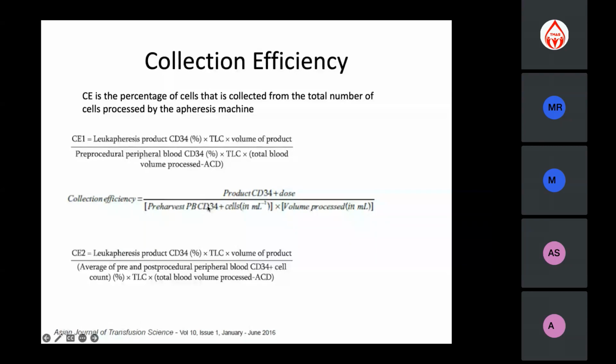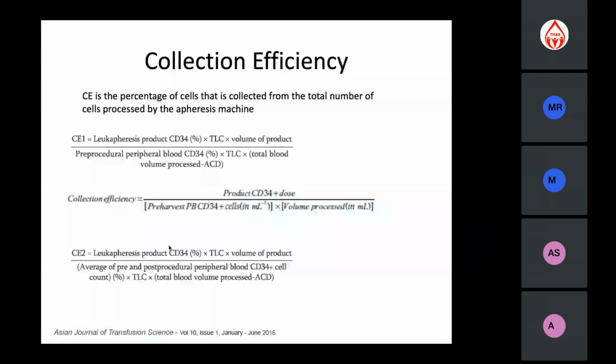So to improve the formula, they came up with the CE2 formula. We take the peripheral blood CD34 count before the procedure as well as after the procedure and take the average.